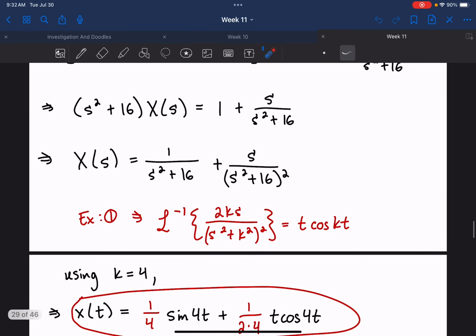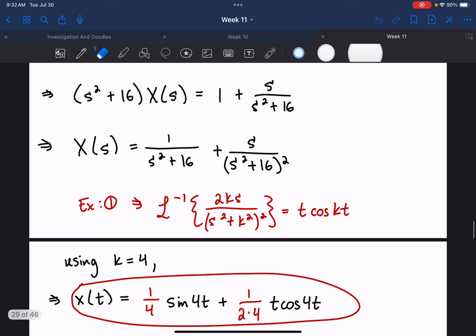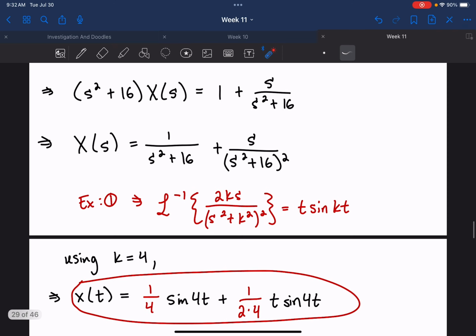This should be sine, sorry. This is almost t sine kt, right? We're just missing a little bit right here.